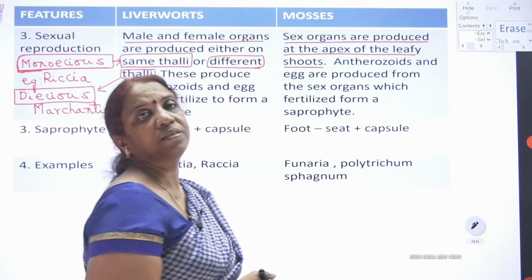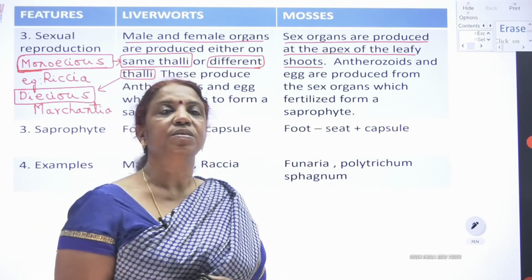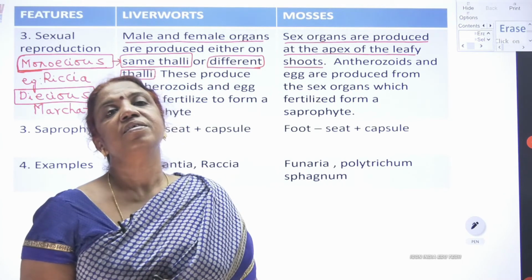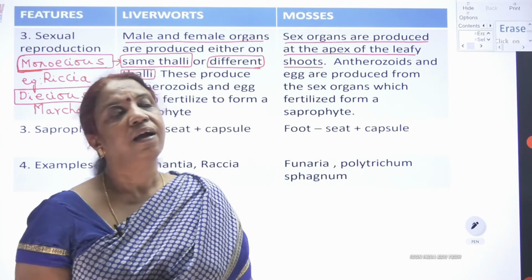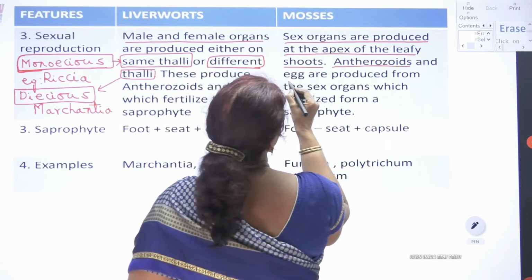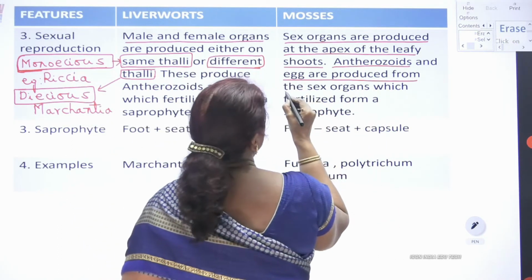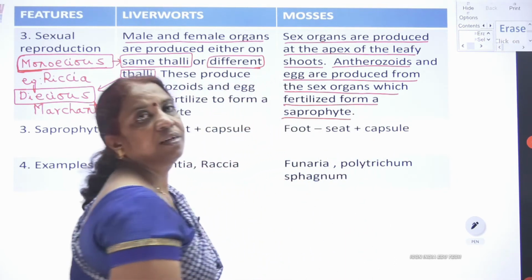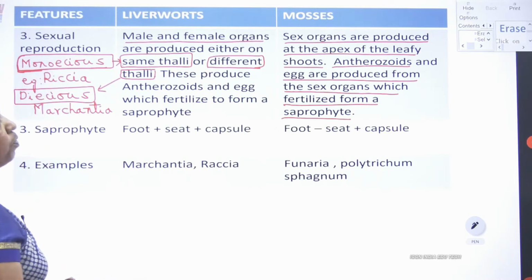The antheridia produce antherozoids and the archegonium produces the egg. Both combine to form an embryo, and this embryo develops into the sporophyte.